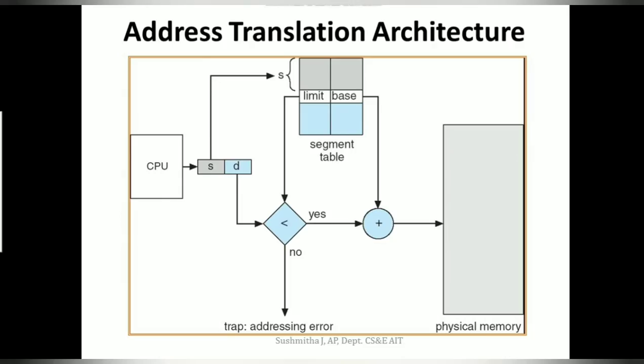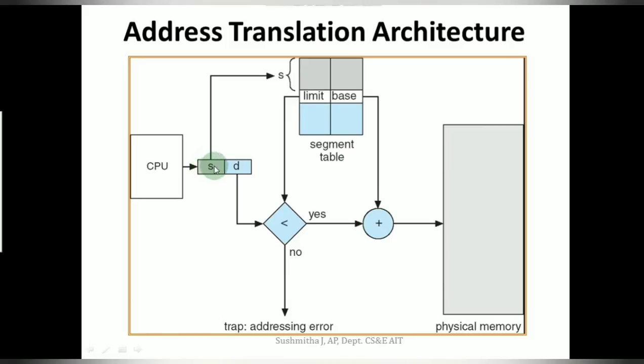Now let us see the hardware illustration of how it happens. We have the CPU that generates the logical address. As discussed earlier, it generates the segment number and the offset, and this segment number is looked up in the segment table. The segment table contains the base and the limit, and using this it determines the physical address.